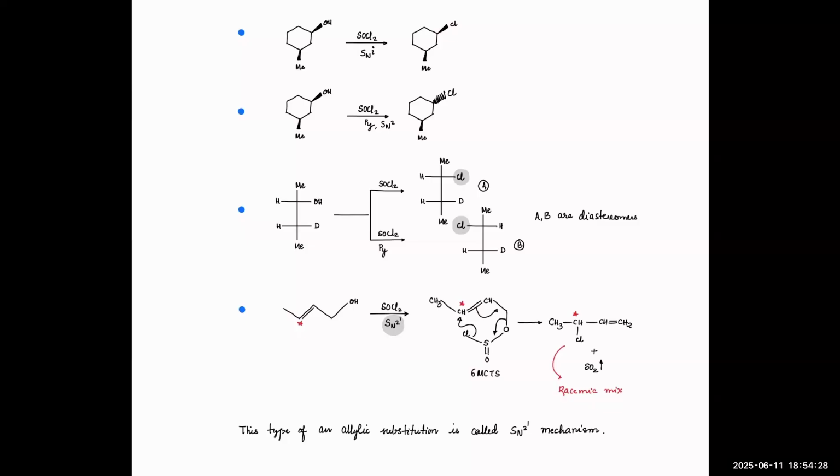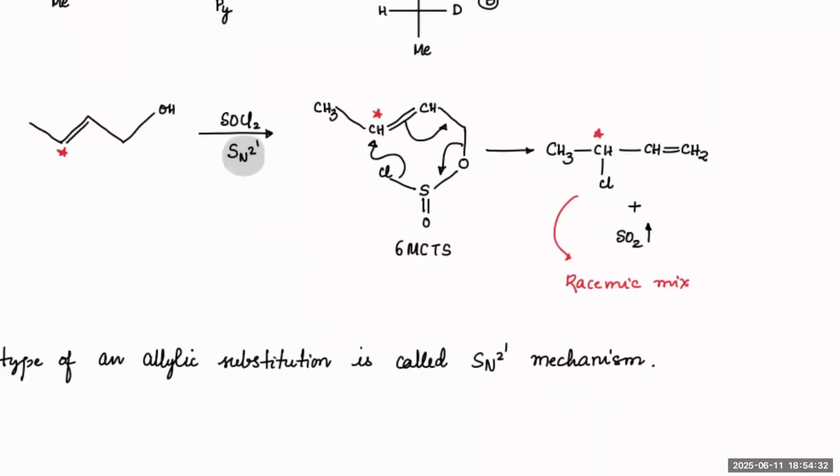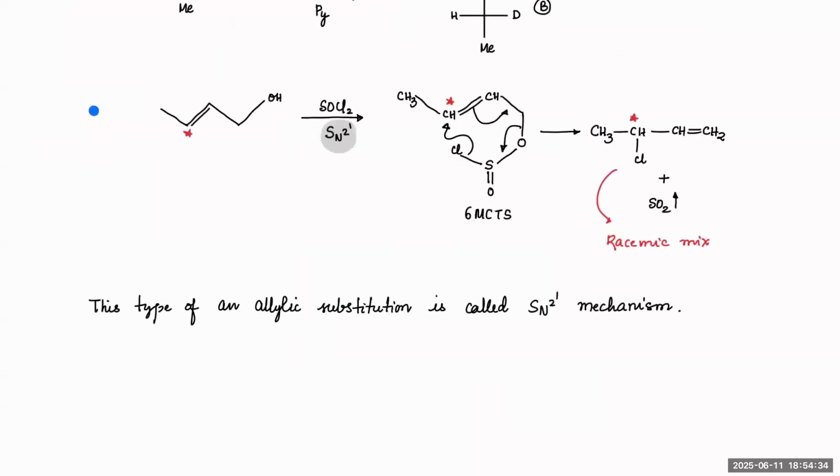Done, right. The last reaction is the one where I'll stop now. Check the last reaction: there is an allyl group here. So if you have allyl alcohol, you are noticing that oxygen will attack on the sulfur here. But chlorine is not attacking here, it is attacking here because of a six-membered ring formation. And then the double bond is moving to this new position.